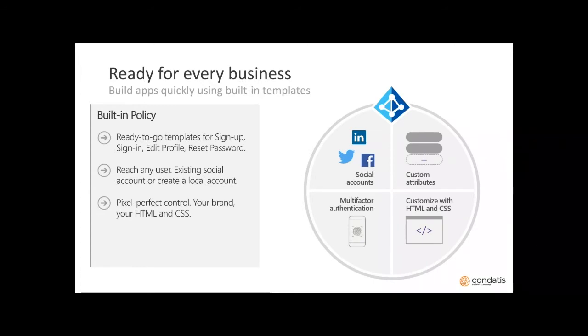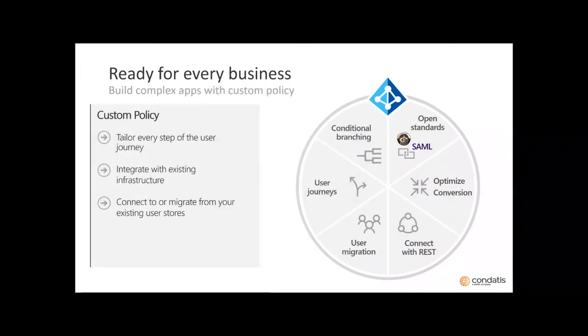We also know that there are many more complex scenarios, very specific requirements out there, and that's why there are custom policies. They allow you to design your own set of instructions for the identity experience framework. And that's the engine that runs B2C.